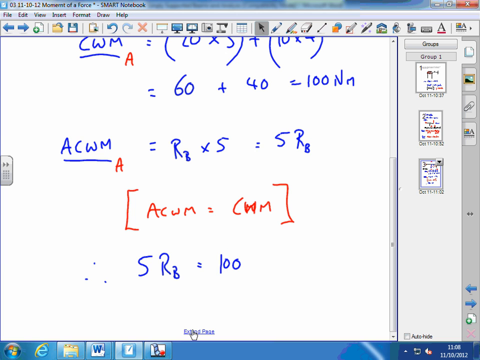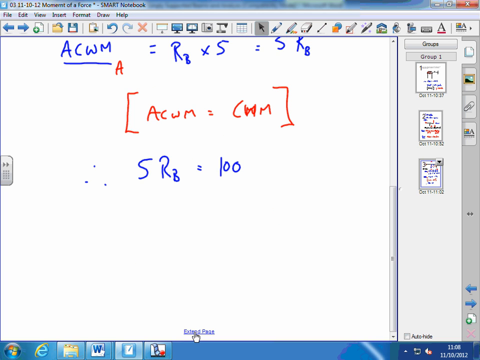Okay, so therefore RB equals 100 divided by 5, which is 20, and RB equals 20 newtons. So that's the reaction force at B.